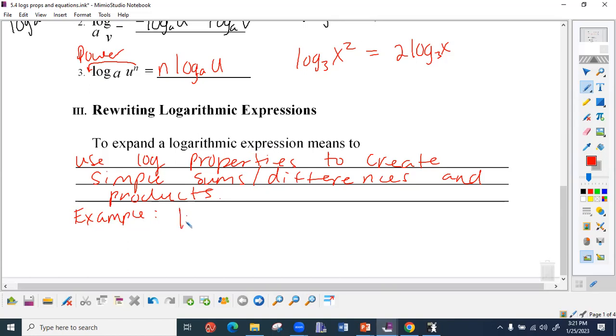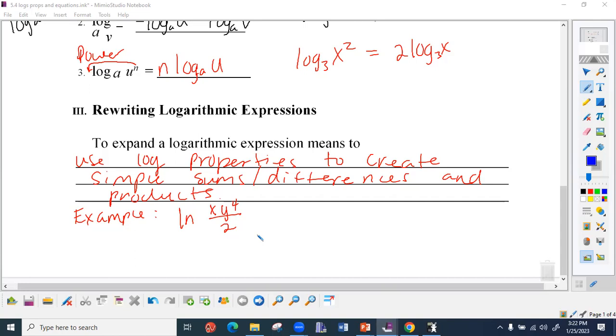But anyways, here we go. So our example is supposed to be natural log of x y to the 4th divided by 2. Oh my gosh, look at that. We got all three: our product, our quotient, and our power property happening all at once. So when you're starting, you want to start working from the numerator, working your way down. If something is in the numerator, that means it is a product, and you are adding.